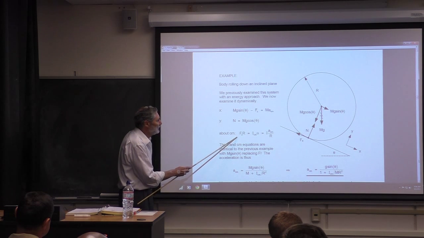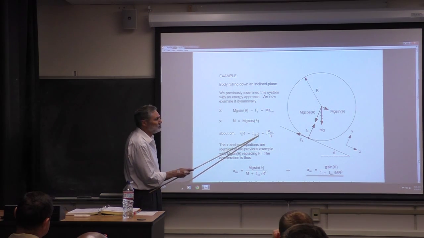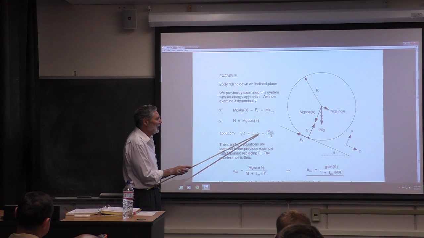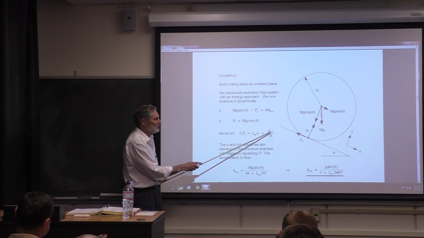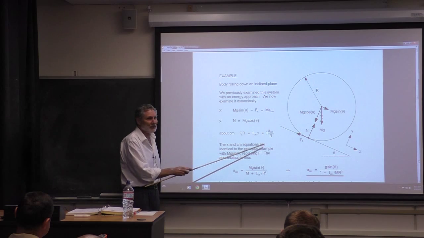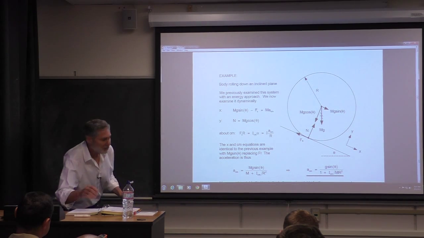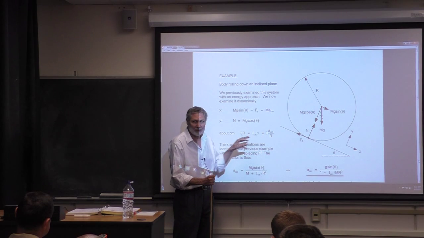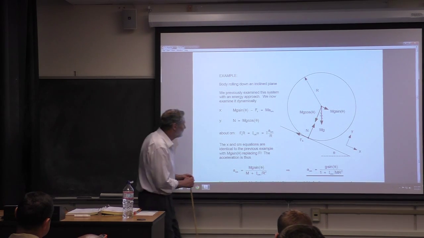That's going to be the moment of inertia times the angular acceleration. Because there's no slipping, alpha is equal to a_CM over r. It comes from v equals omega r, as we've seen many times before. So it's going from here to here that we input the information that it's not slipping.